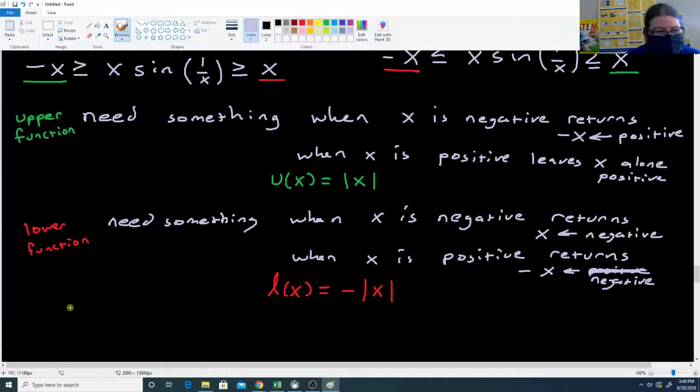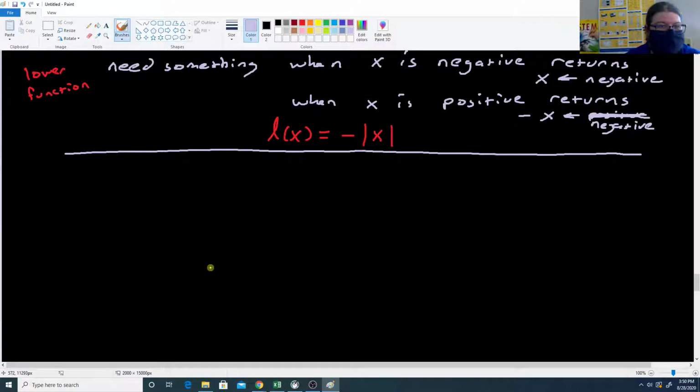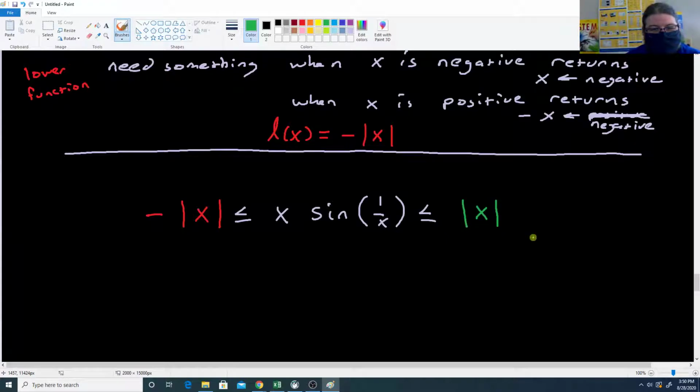So now what we can say for starting to build the squeeze theorem is we know that we have the lower function, negative absolute value of x, as our lower bound. That is less than or equal to x times sine of 1 over x. And that's less than or equal to our upper function, absolute value of x.